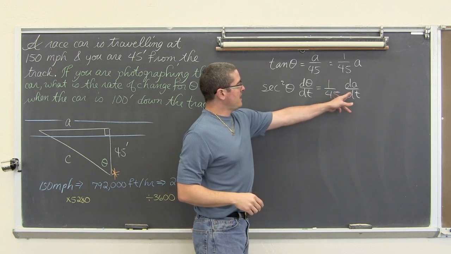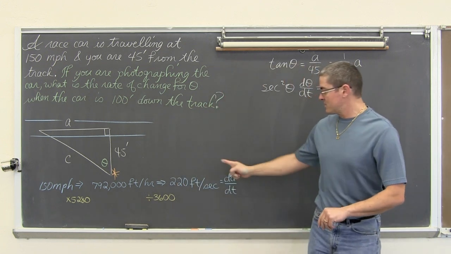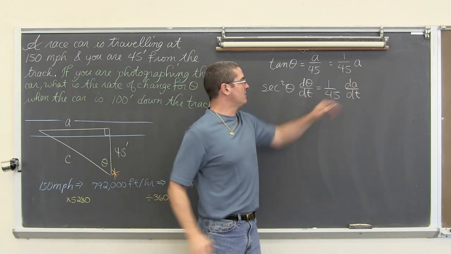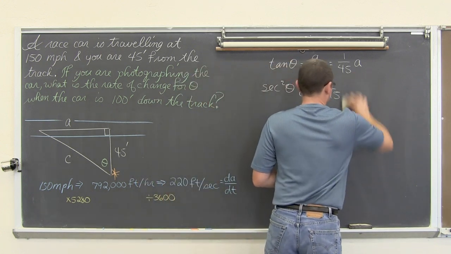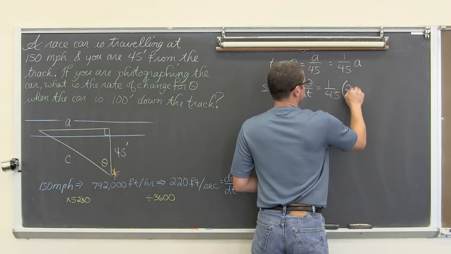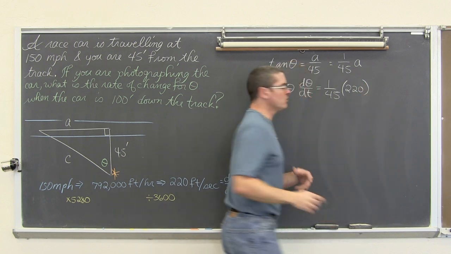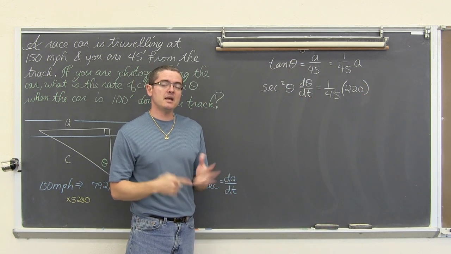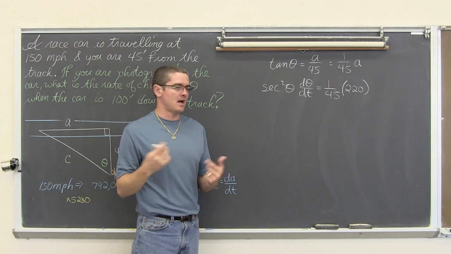Okay, well, dA over dt is equal to our 220 feet per second. So we're going to plug in our 220. And we're looking for d theta over dt, how fast you're having to rotate, the angular velocity.